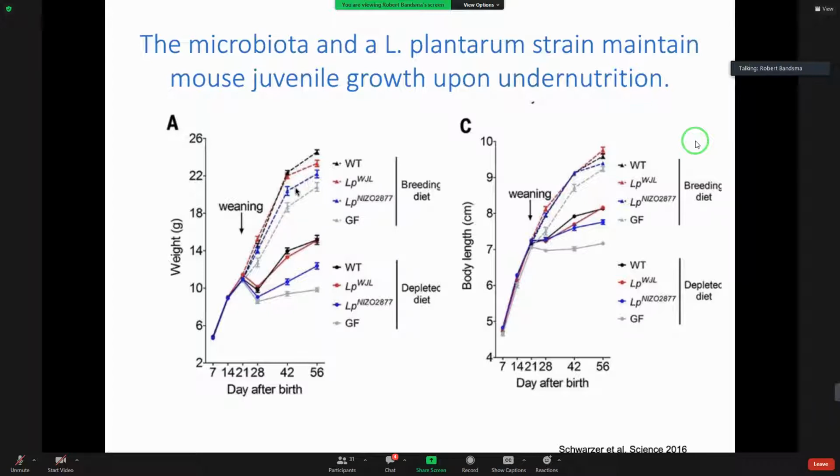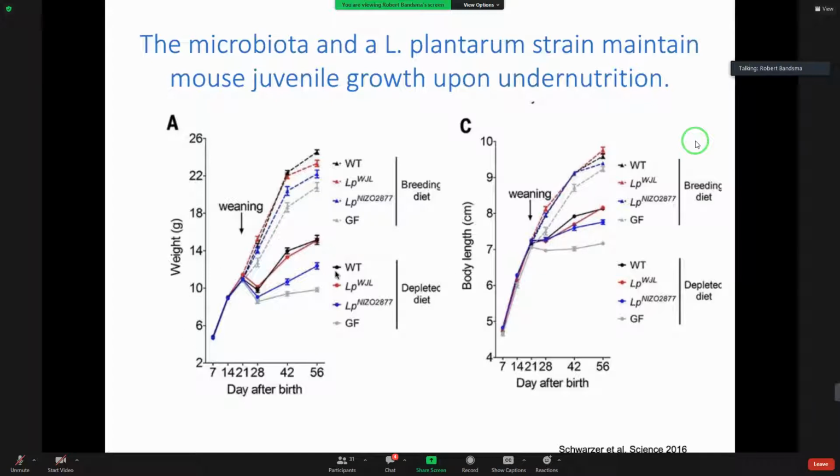In the blue dotted line, they also received Lactobacillus plantarum as a probiotic, but that species was altered genetically, so it wasn't the same as the wild type Lactobacillus species. And then again, they had the germ-free mice with lower weight gain and also lower height gain.